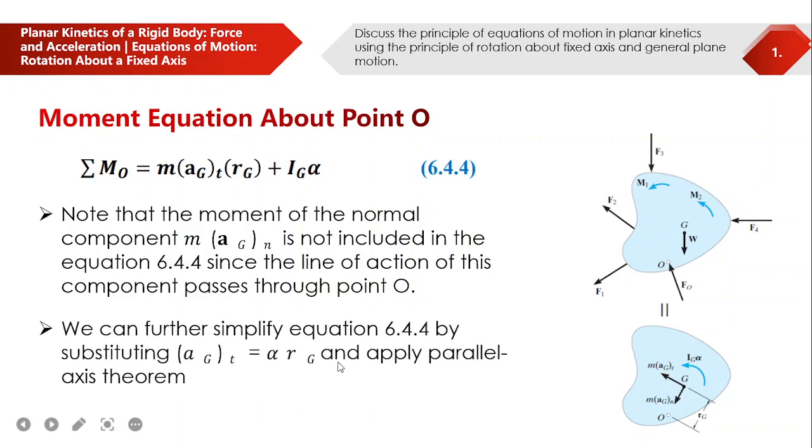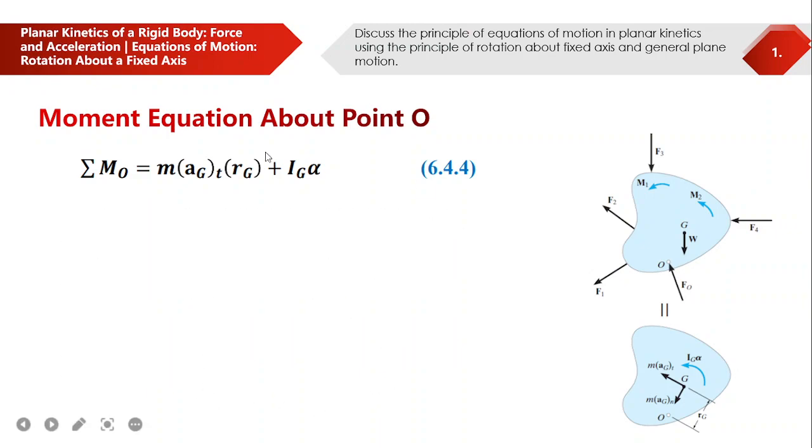So we can further simplify equation 6.4.4 by substituting a sub g sub t by its angular acceleration times r sub g and apply parallel axis theorem. So again, we already discussed this one previously sa lesson natin. So let's simplify this equation. Okay? Sabi doon, yung a sub g sub t natin, it will be replaced by its angular acceleration or alpha times r sub g, since this is equivalent to a sub g, as we all know.